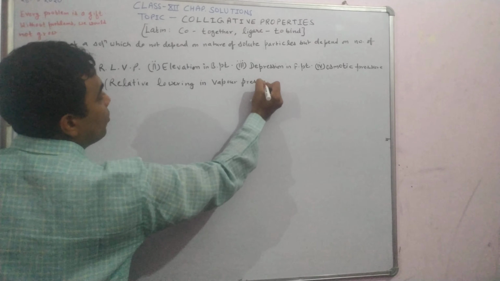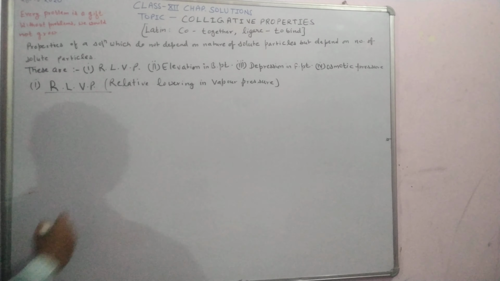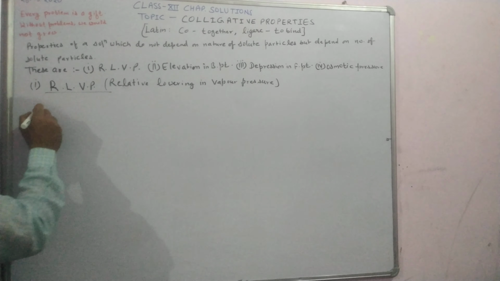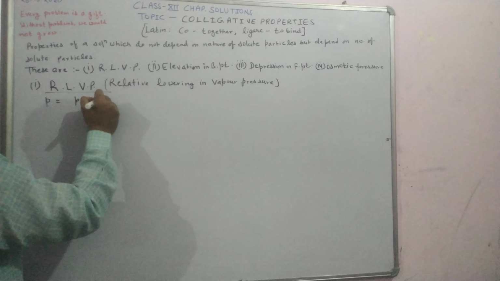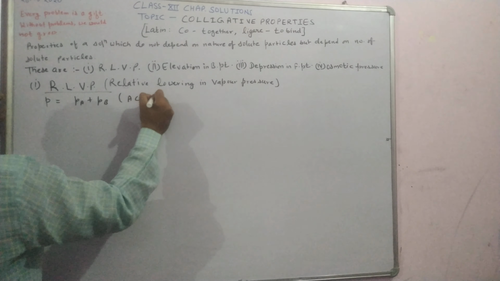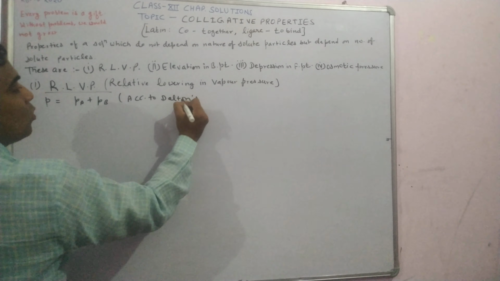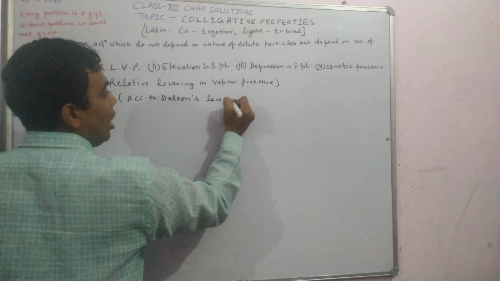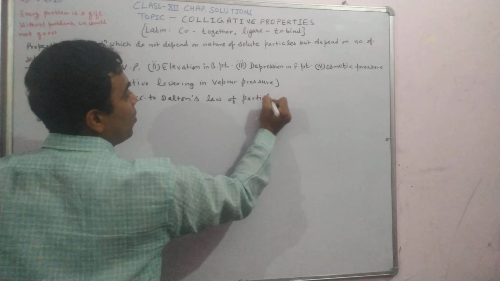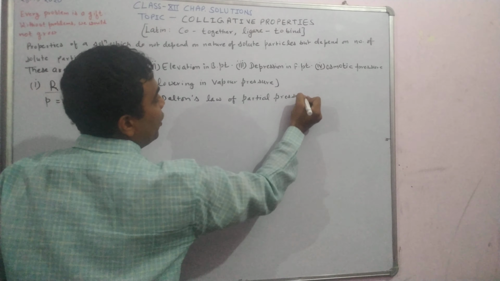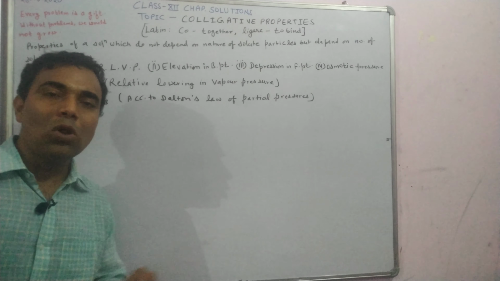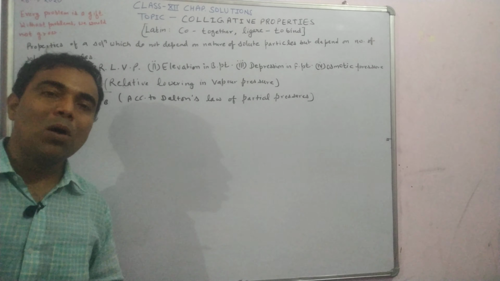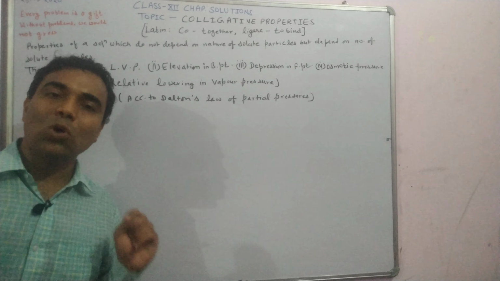How can we derive the expression for relative lowering in vapor pressure? We know, according to Dalton's law of partial pressure, P is equal to PA plus PB, where P is the total pressure and PA is the partial pressure of A, and we are taking component A as solvent, and PB is the partial pressure of component B, and component B is our solute.